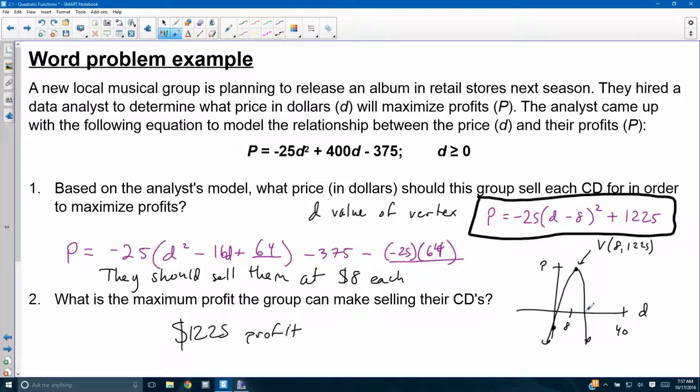Even if I set it at about 15 or so, I might just break even. Just enough customers will buy it so that I made exactly as much as I spent. So all that stuff comes into play. It all very much matters for this kind of word problem, but this is also an upside down graph as a result.